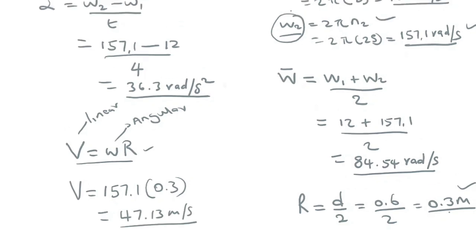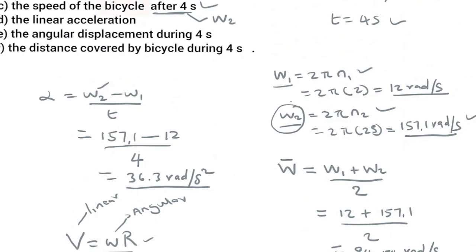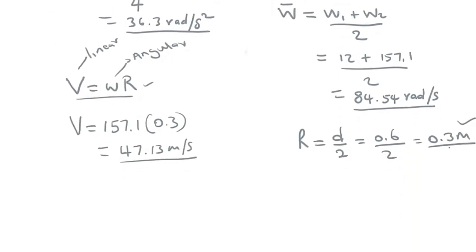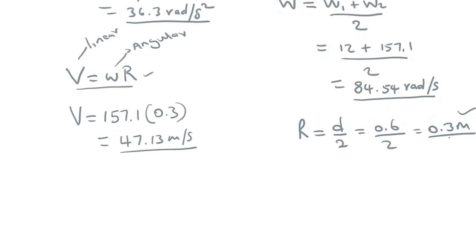Now they are looking for the linear acceleration. That means we will still use the formula which combines the two properties. Linear acceleration is equal to the angular acceleration times the radius of the bicycle wheel.